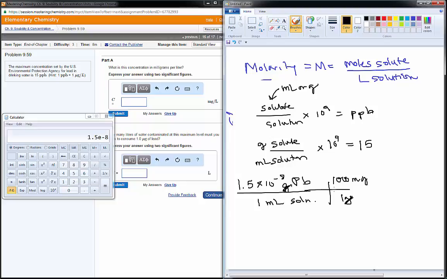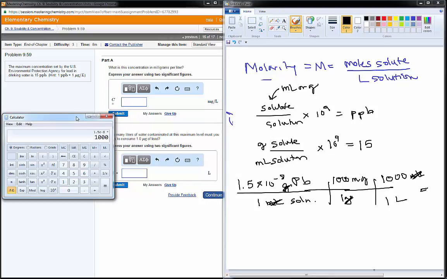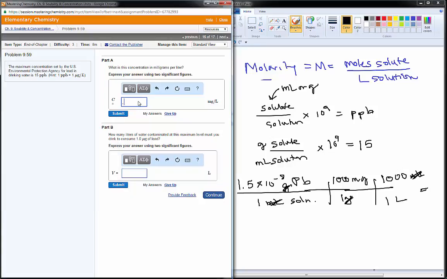Grams cancel, and there are 1,000 milliliters in 1 liter, so milliliters cancel, and now we're left with milligrams per liter. So 1.5 times 10 to the minus 8th multiplied by 1,000 milligrams in a gram multiplied by 1,000 milliliters in a liter, and I get 0.015 milligrams in a liter.